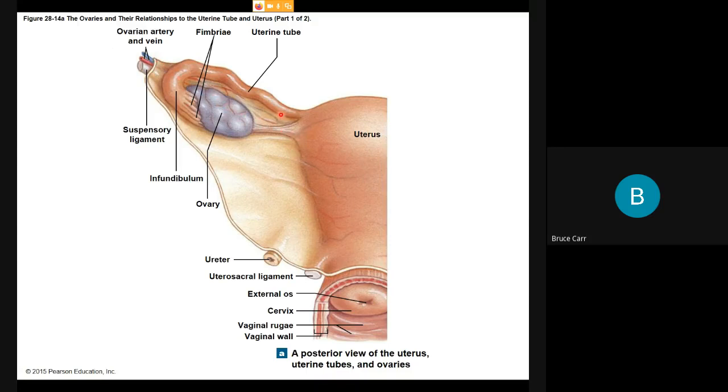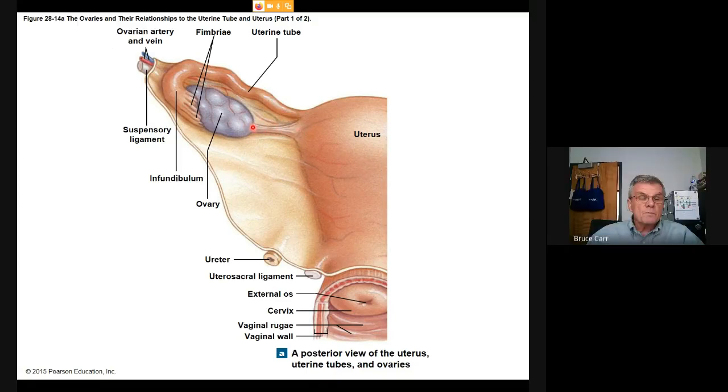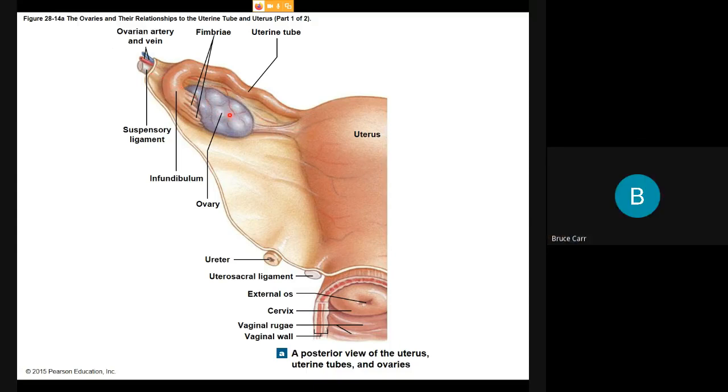Notice that there is a suspensory ligament here that is basically stiffening this connection with the ovary, making sure that it is well supported in its position. There is also this sheet of membrane encasing everything. Now here on the surface of the ovary, all over the surface of the ovary, there will be individual follicles right below the surface. But typically one and only one of them will mature with every ovarian cycle.